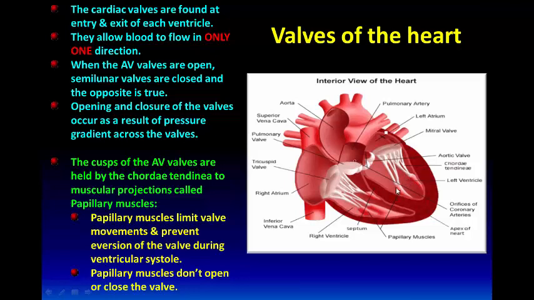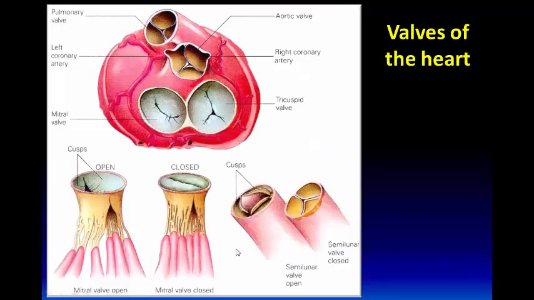This is important because the papillary muscles limit the movements of the valve and prevent the eversion of the valve during ventricular systole. However, it is important to note that the papillary muscles themselves do not open or close the atrioventricular valves.